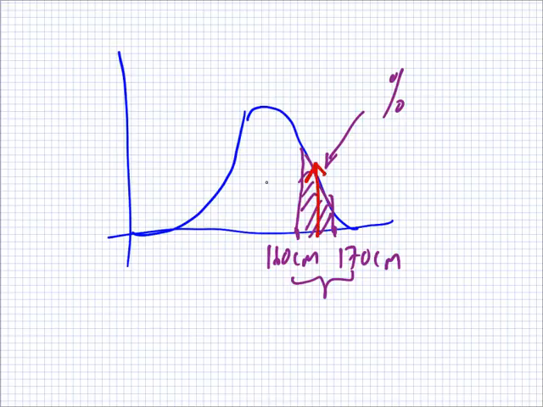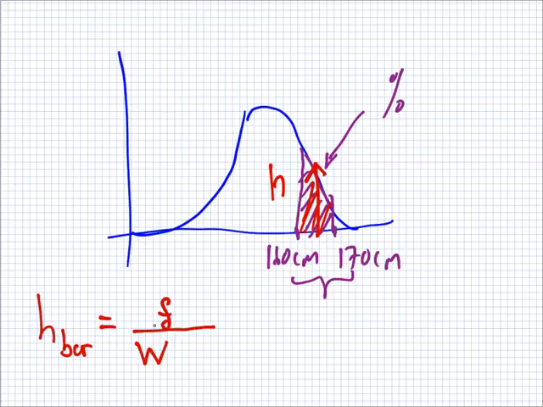Now, because you forgot, I'll remind you. Does anyone remember how to calculate the height of the bar? The height of the bar should be the frequency divided by the width. The frequency divided by the total frequency.